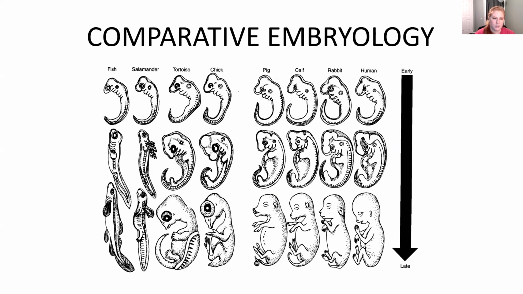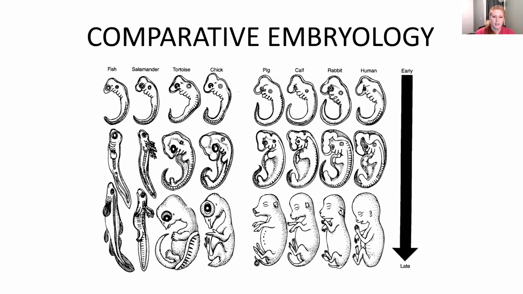And you can see that the early stage of development for all of these different organisms are incredibly similar, right? They all have the tail, if you will. A lot of very similar structures. And then of course, as development continues, you're able to see, especially for the fish and the salamander, that that's not going to be human. But the tortoise and the chick still have a lot of similarities. And then of course, if you look between the pig and the calf and the rabbit and the human, still very, very much alike.